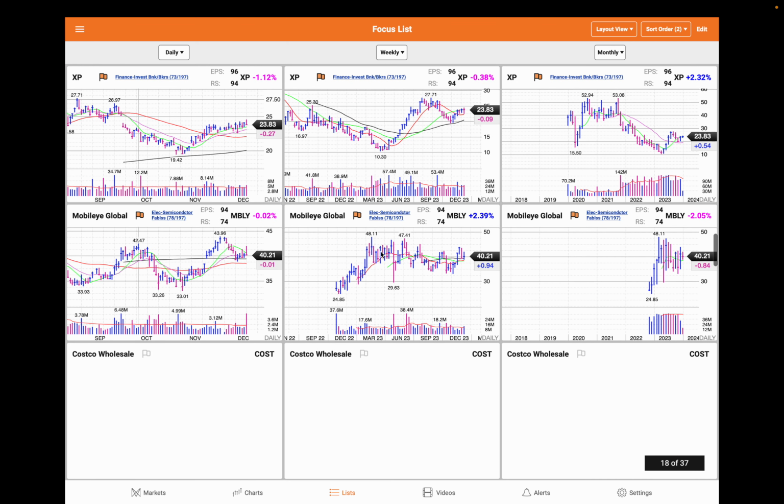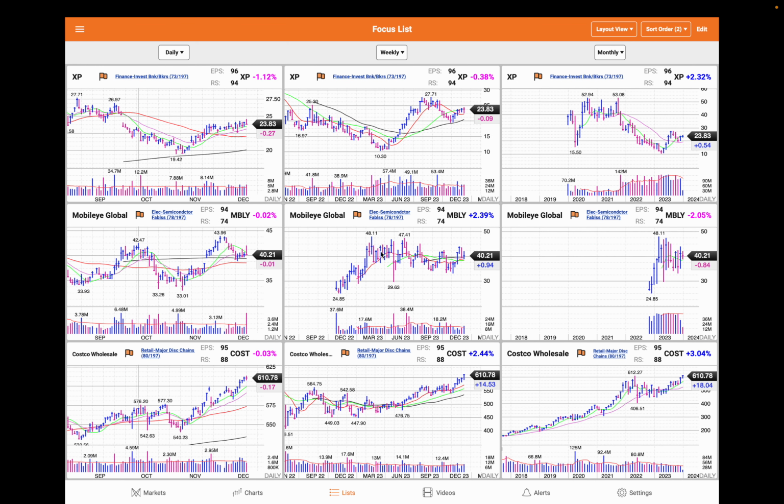Okay, XP is a Brazilian payment service company, if I understand correctly. Basically, whenever I see this kind of pattern, goes up and retests and tries to go up, I see this as one of the bullish patterns when I'm looking at charts.